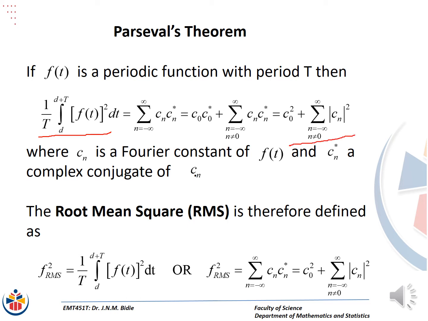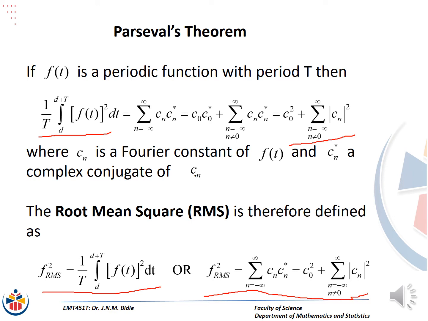So if the Fourier constant has n in the denominator, then it means you have to have c naught. Thus, we say that we have a root mean square represented by either the right-hand side of the Parseval's theorem or the left-hand side of the Parseval's theorem.